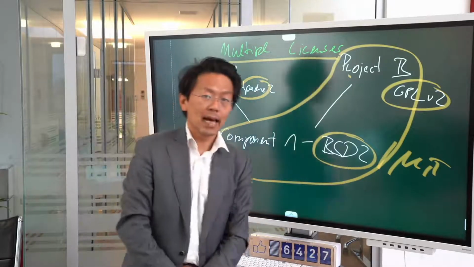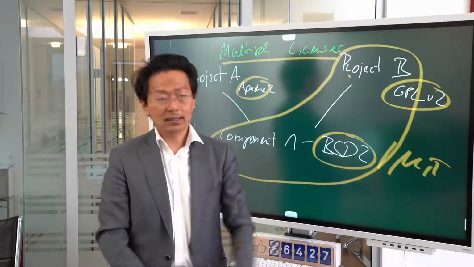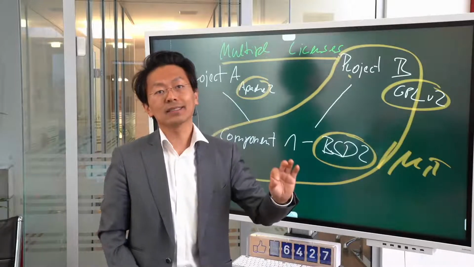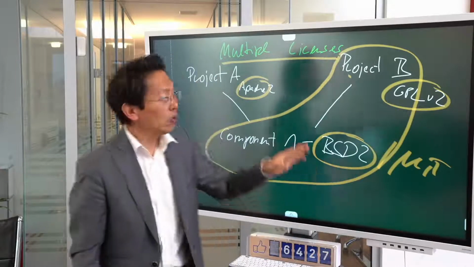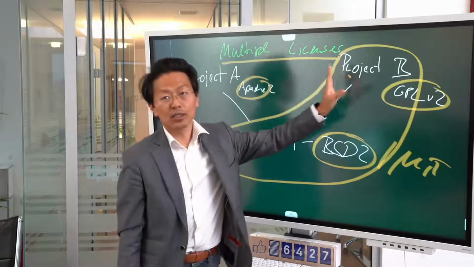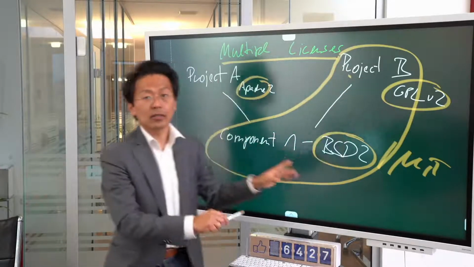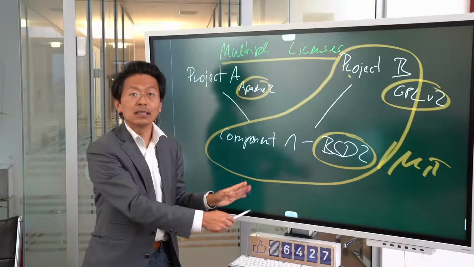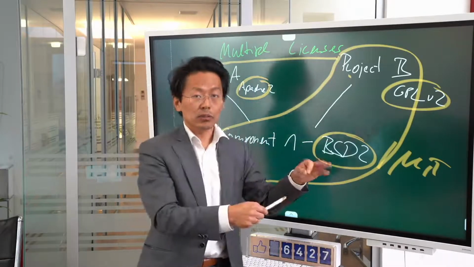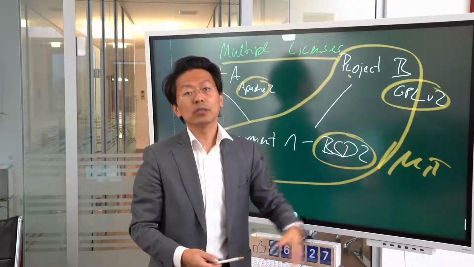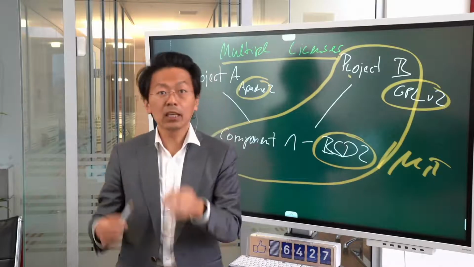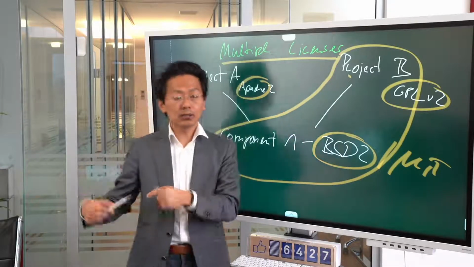So it can happen that a license that's being shown is not the license that is applicable, because when you have a project under GPL version 2 containing components under different licenses, the executable binary file that comes out of it could be under one single license, even though components are under different licenses.